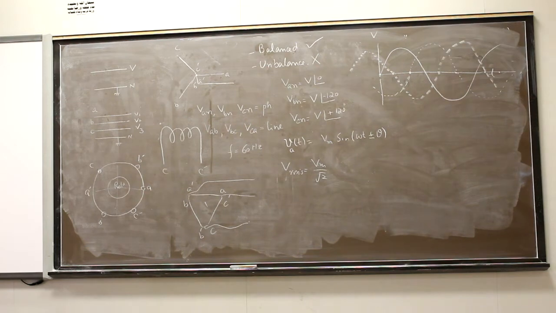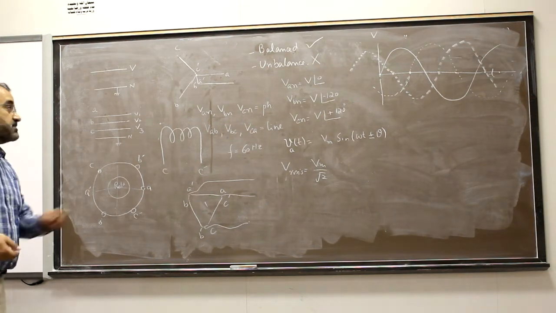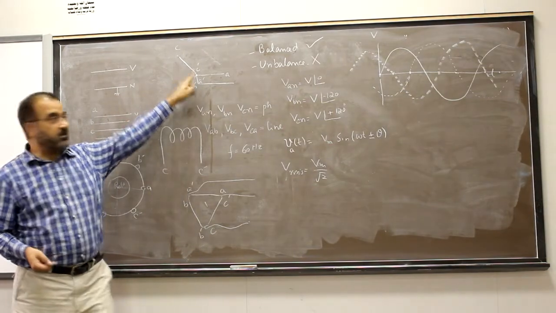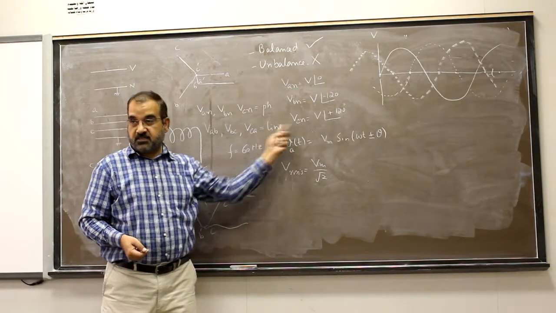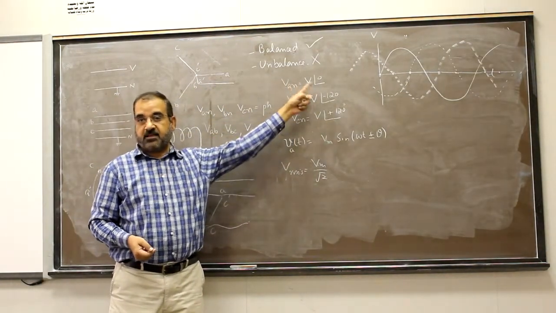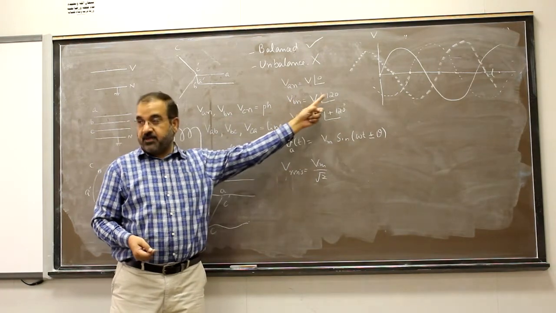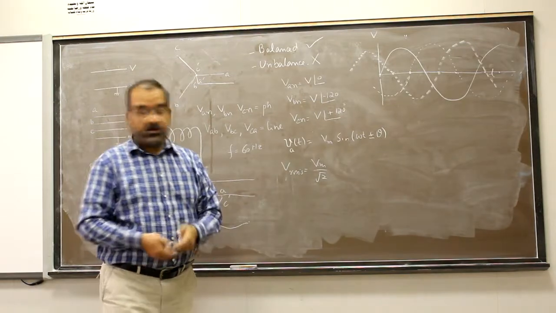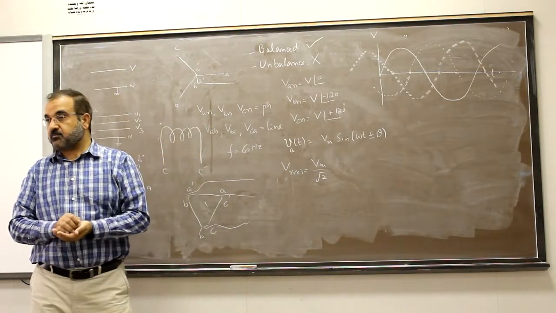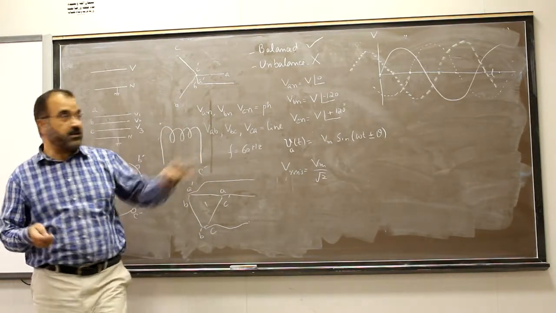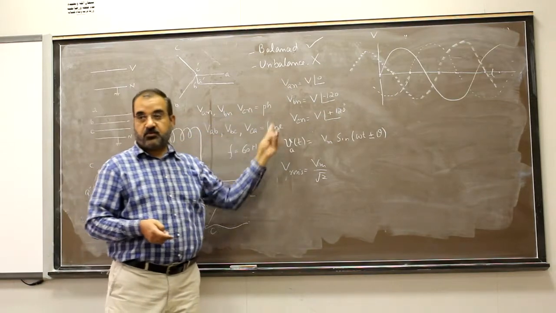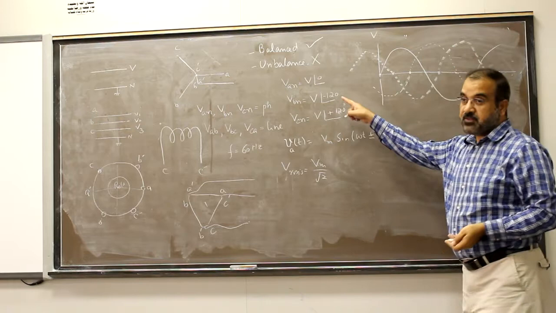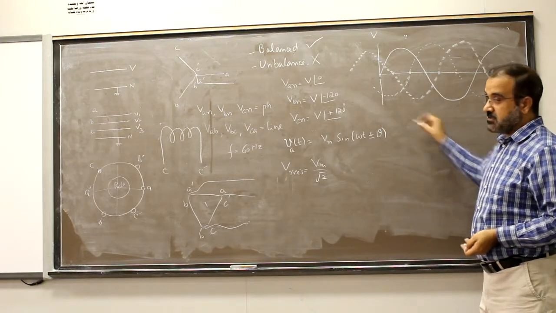Now, the question is, I told you this point is a neutral point. If you agree with me on these three numbers, voltage angle 0, voltage angle minus 120, voltage angle plus 120, then what I will do is draw them according to this graph.